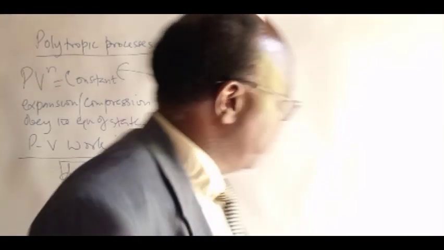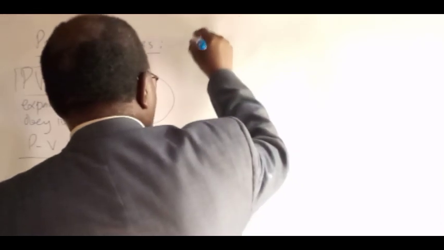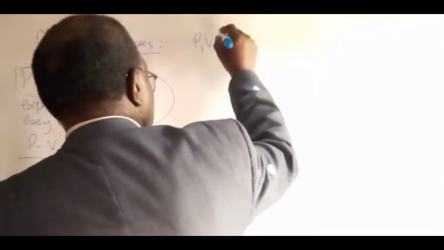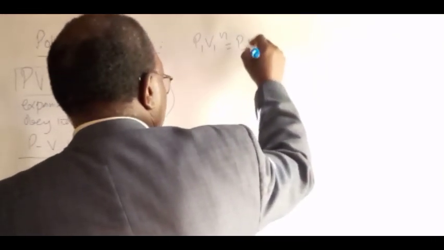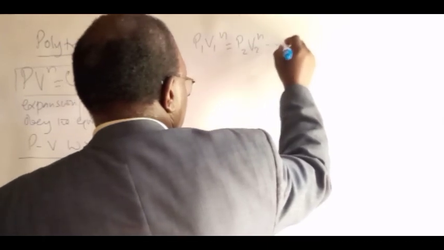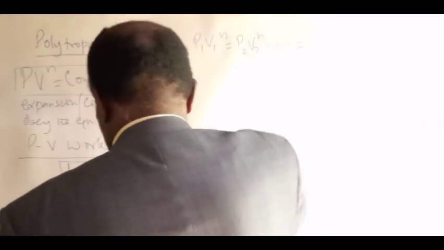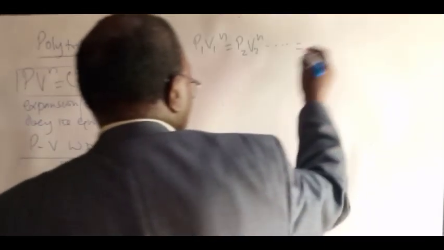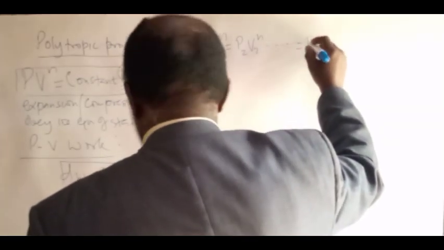Now, when we have this equation of state representing these polytropic processes, we know that P1 V1^n is equal to P2 V2^n, and that is equal to a constant, that is PV^n.